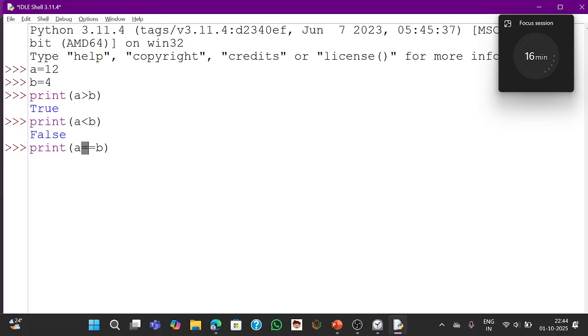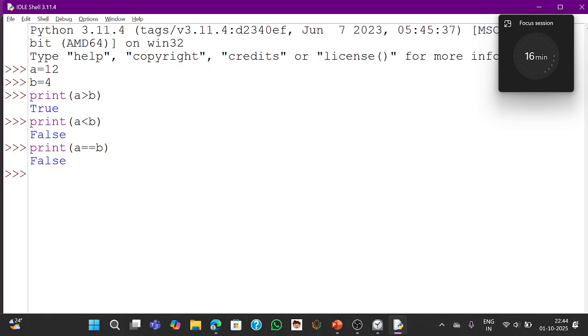Now when I'm doing a relational operation, there will be two double equals, right? We read it as equal to, whereas the single equal we read as assignment operator. So when I write A double equal to B, it's like I'm asking, is 12 equal to 4? And the answer would be, can you guess?